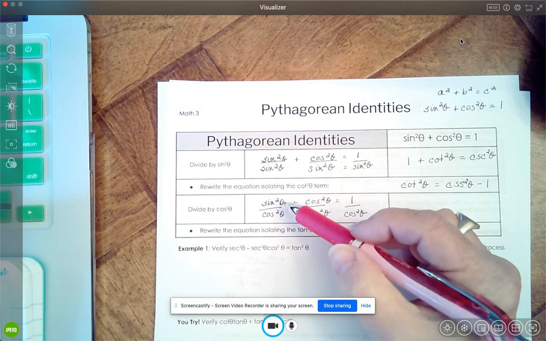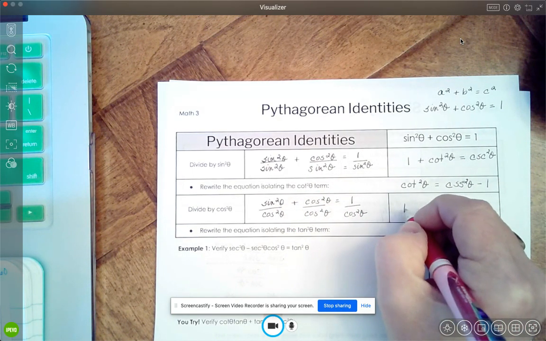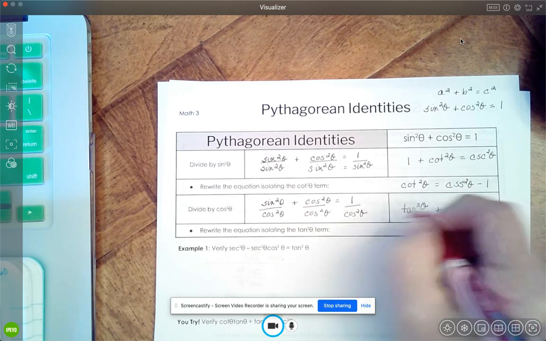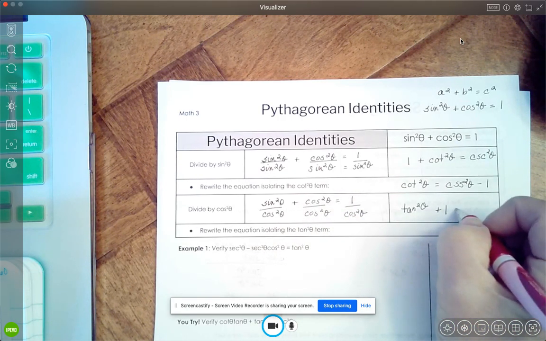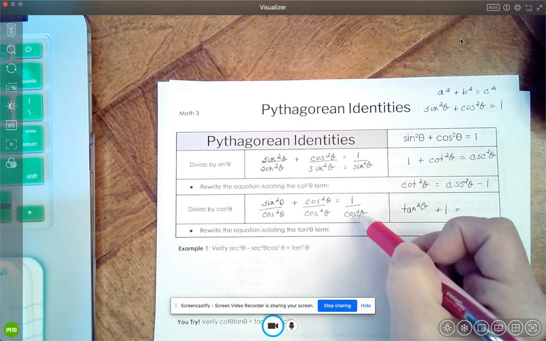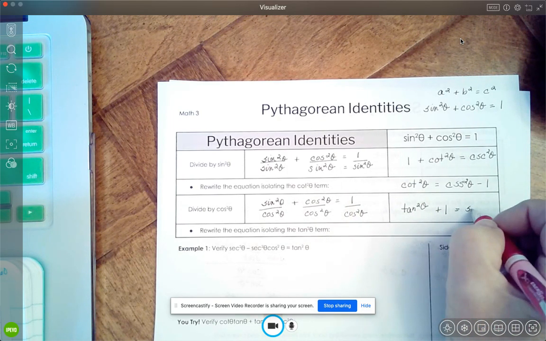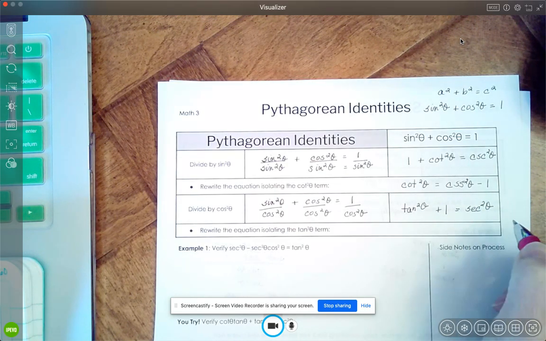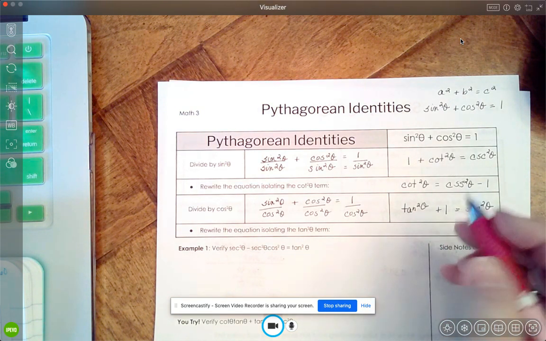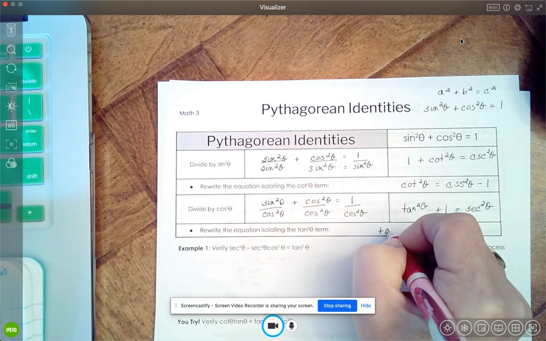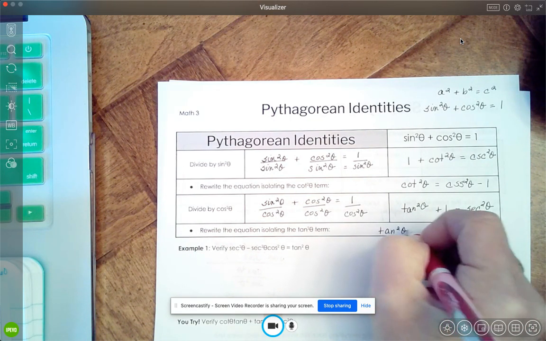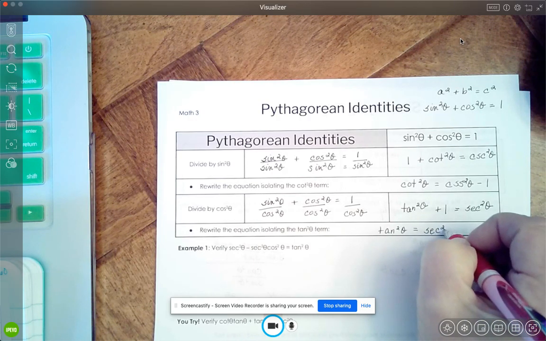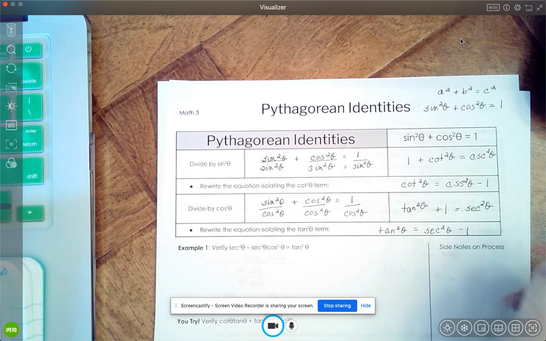Sine squared of theta divided by cosine squared of theta is tangent squared theta plus 1 is equal to 1 over cosine squared of theta, which is secant squared theta. So if I rewrite it, isolating the tangent, tangent squared of theta is equal to secant squared of theta minus 1.